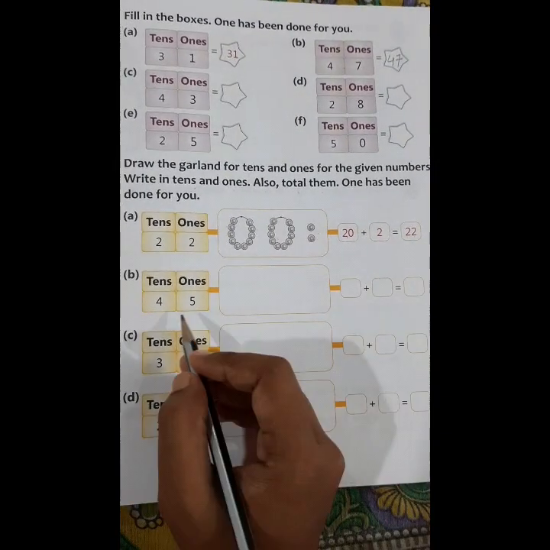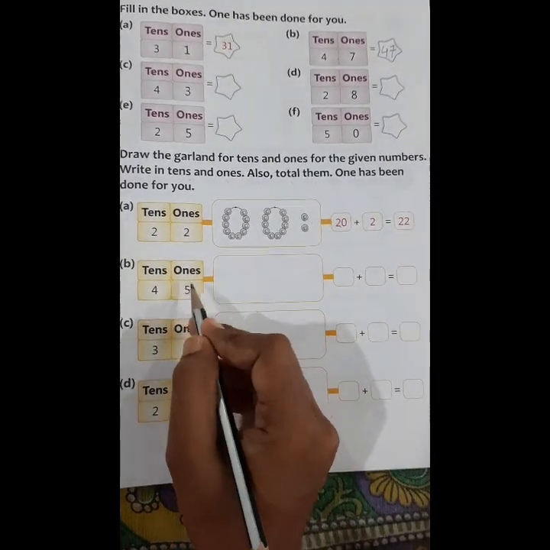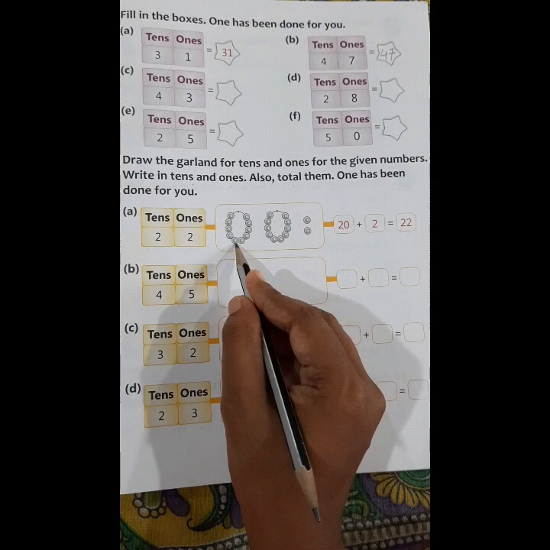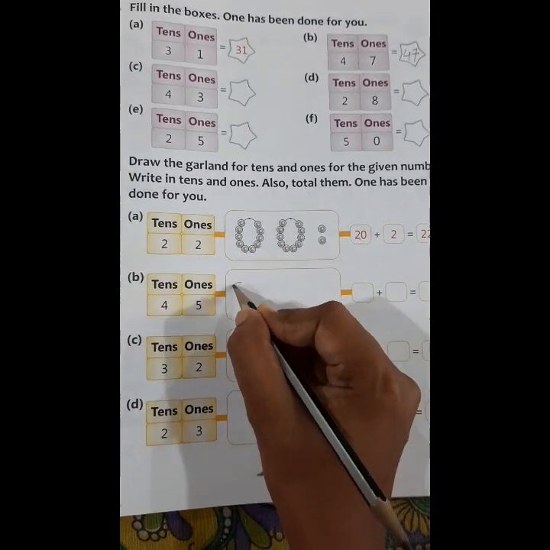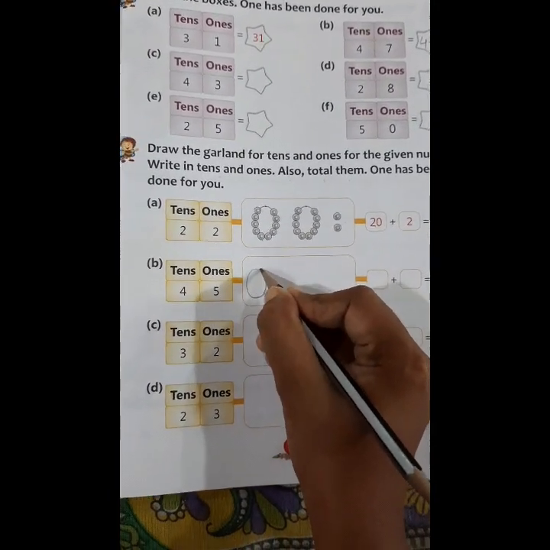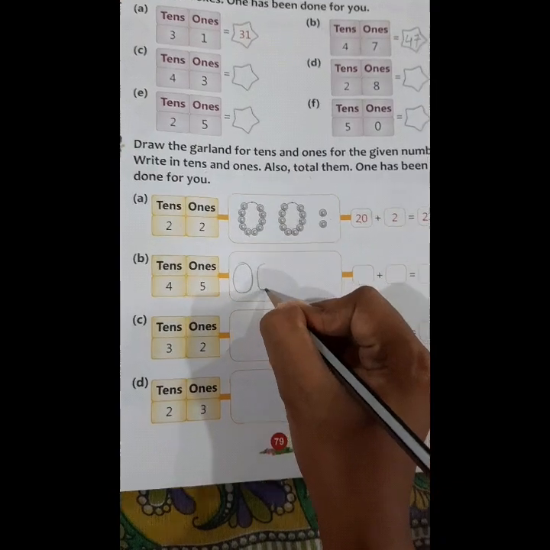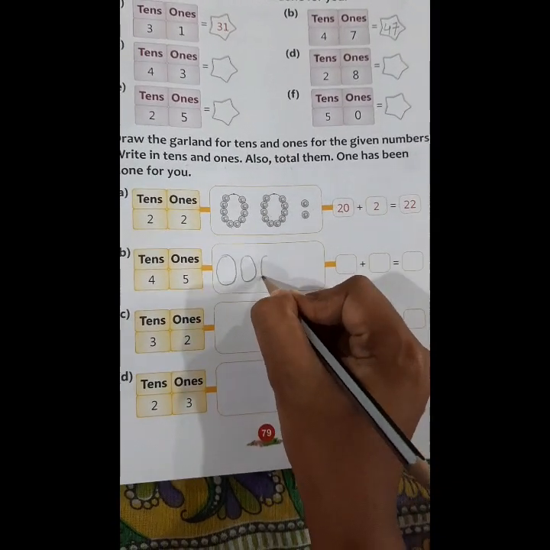Now 4 tens and 5 ones. So how many garlands do we have to make over here? 4 garlands of tens.